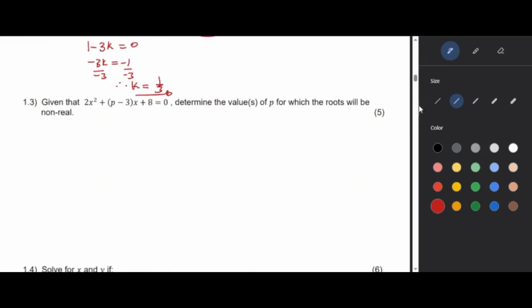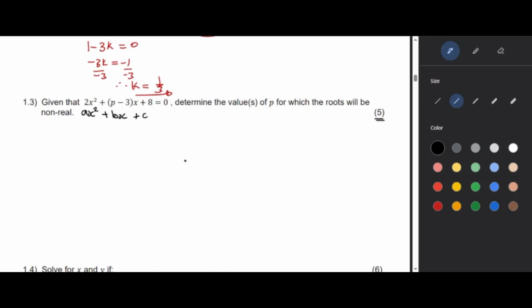Oh, this is 5 marks. Wow, we're going to have so much fun working on this question. Now, look at this. I think you don't have to get scared because of that mark allocation. That's nothing, because looking at this question, it's already in quadratic form, ax squared plus bx plus c.